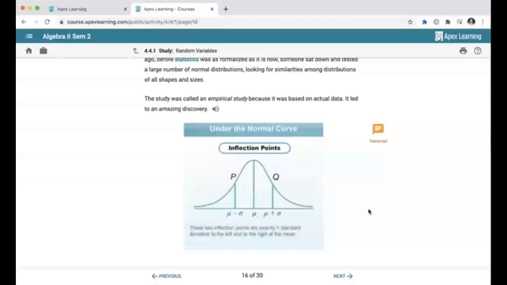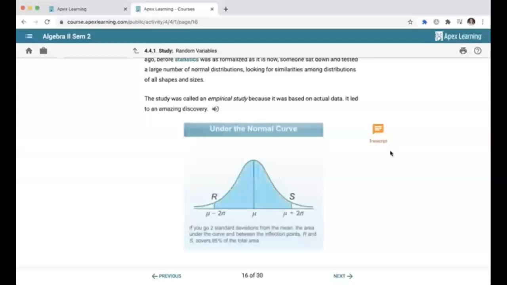Now, this is exactly 1 standard deviation away from our mean. They took our mean and added or subtracted our standard deviation value. If we fill in the area, we can see it's about 68% of the curve.